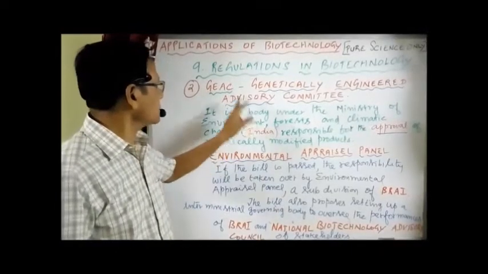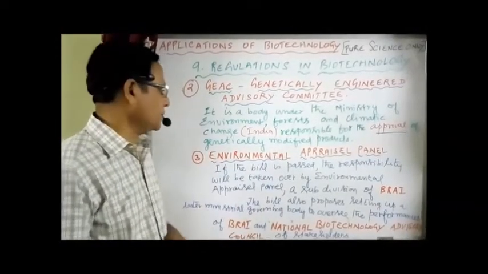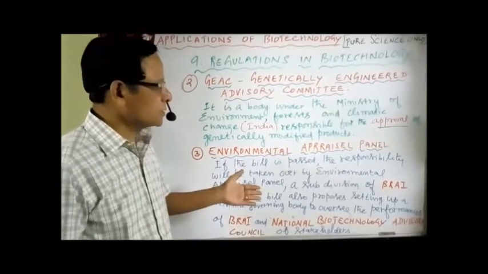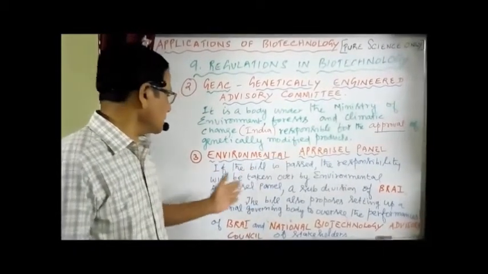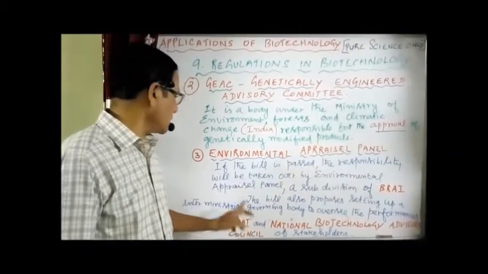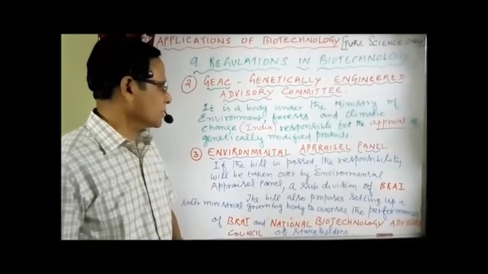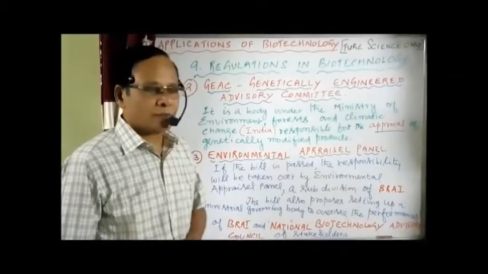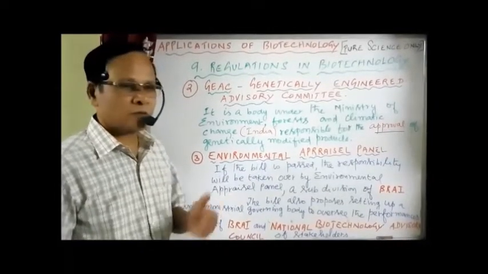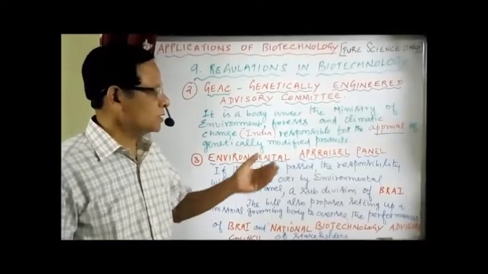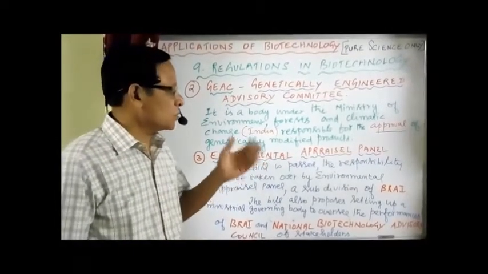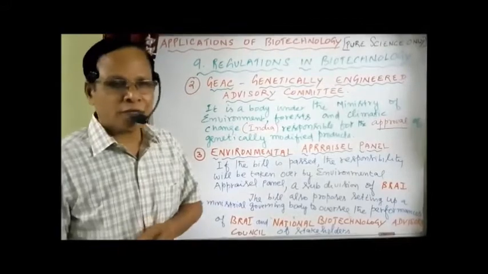So if the bill is passed with GAC approval, once passed, the responsibility is taken over by another panel, called the Environmental Appraisal Panel, a subdivision of the regulatory body BRAI, the Biotechnology Regulatory Authority of India.